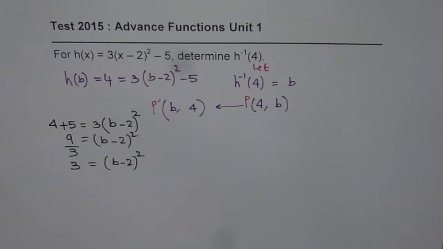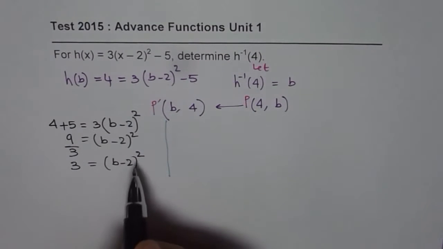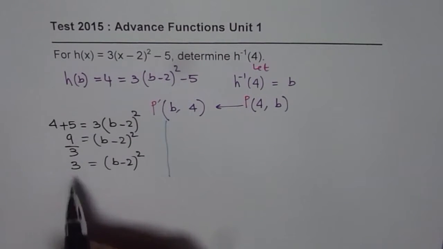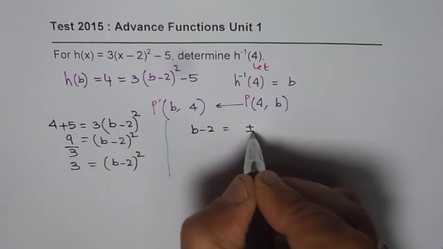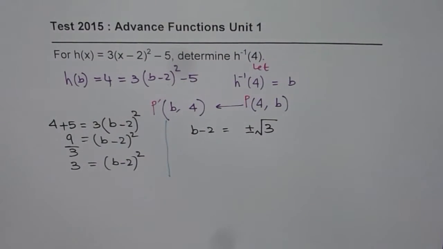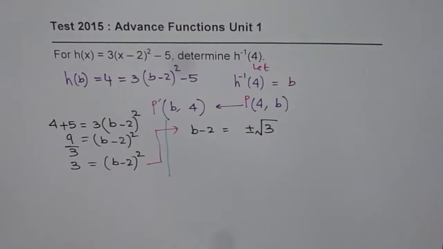Now what to do? We want to find the value of b, right? To find the value of b, we'll have to take the square root. Whenever you take the square root, you have to write both plus and minus. So we have b minus 2 equals plus or minus square root of 3. Correct? Square root both sides.